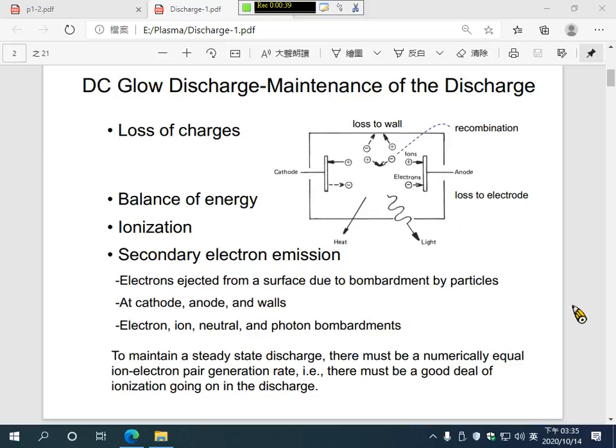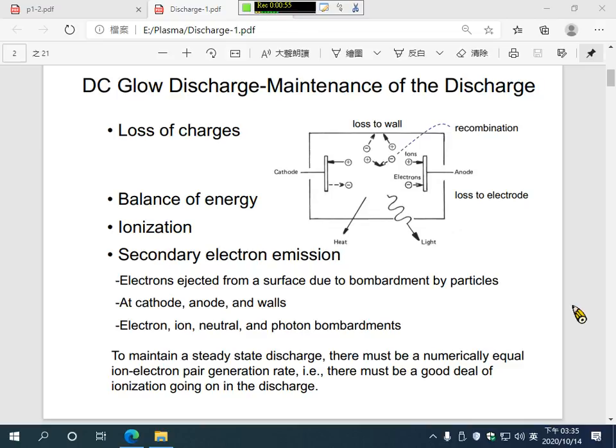In the last chapter, we have already known the Townsend criterion, the analysis of Townsend, the self-sustaining glow discharge.